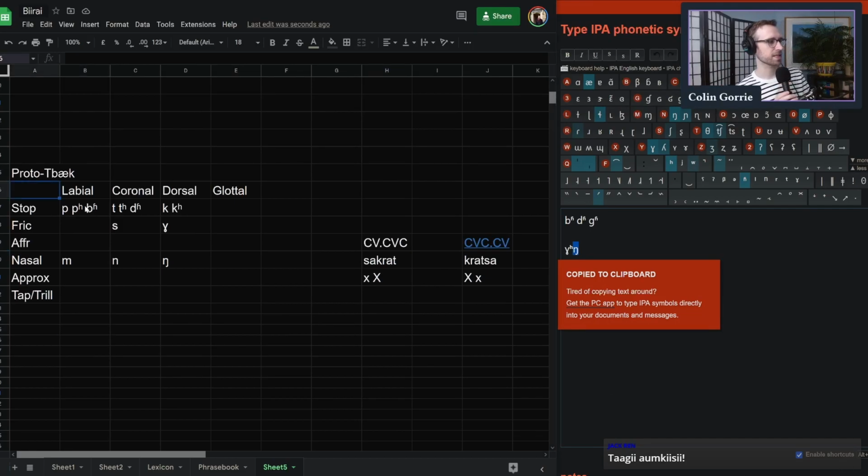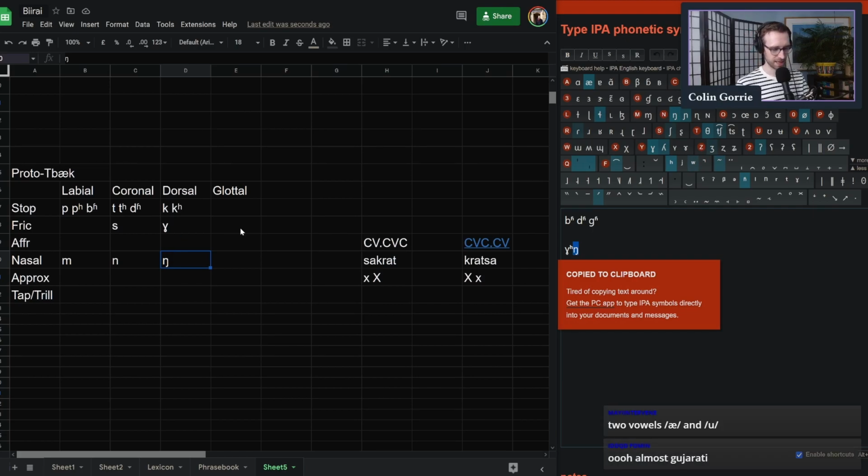All right, Proto-Tbæk. This is what we have so far. We have this three-way contrast in stops. We have p, pʰ, b, t, tʰ, d, k, kʰ, but no g, because it perhaps has wandered down to become r. In terms of fricatives, we only have s and r so far.